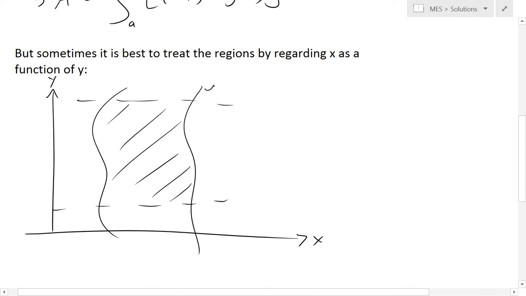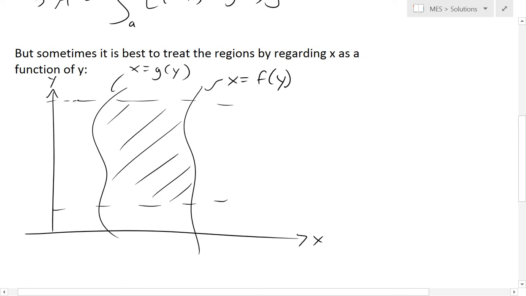So we would write this one as x equals f of y, imagine this was flipped, and the top one, let's write that as x equals g of y.